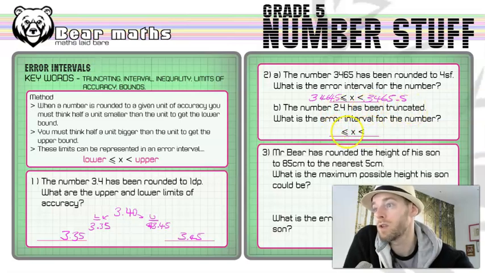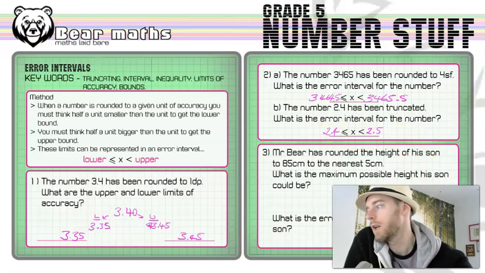And again, because of the use of this inequality, we could start at 2.4 as our smallest, our lower bound, and we could go all the way up to 2.5, or anything just under 2.5. So that's why we use this symbol without the line underneath it, because we're saying it's less than 2.5. So 2.4 is less than or the same as the number, which is less than 2.5. That's how that error interval reads.